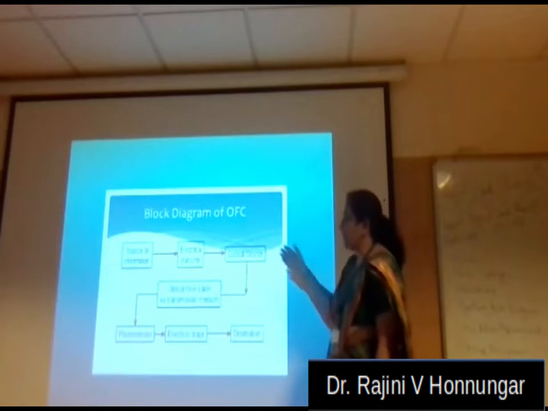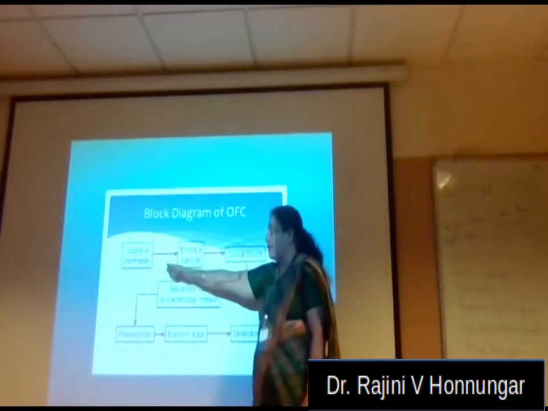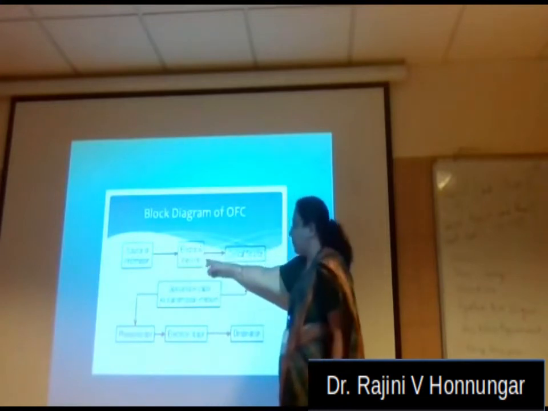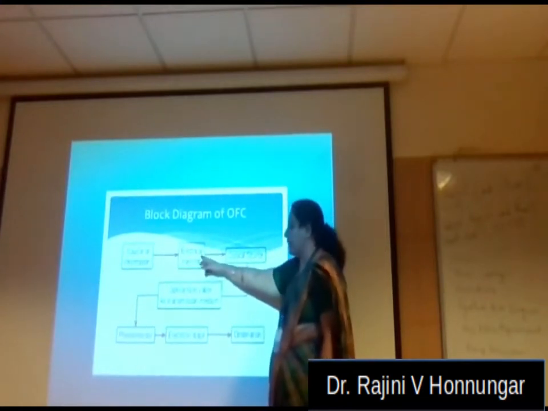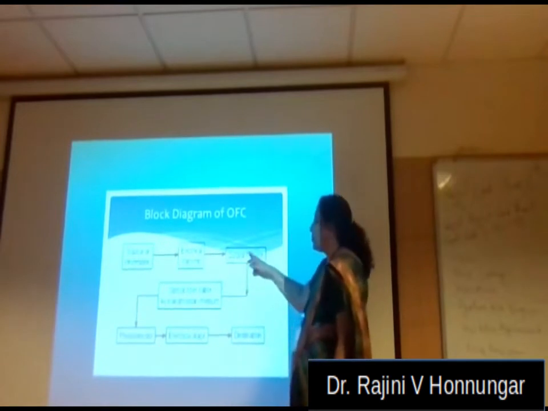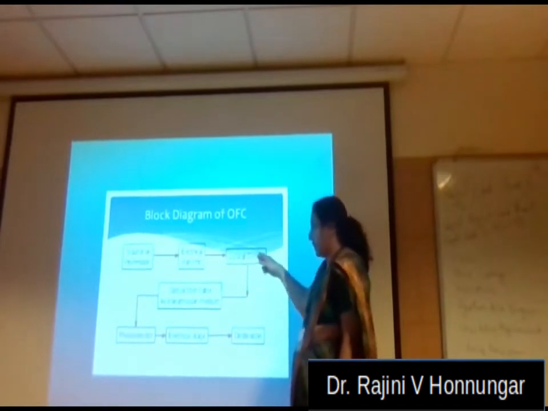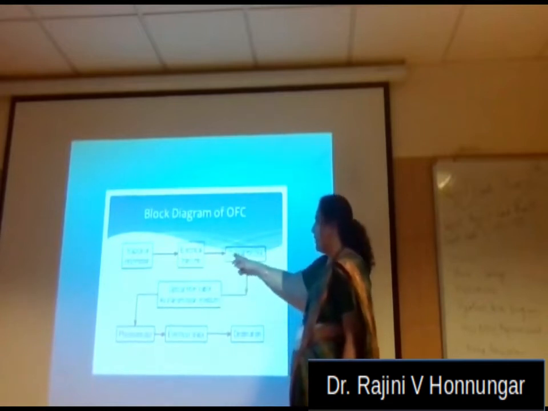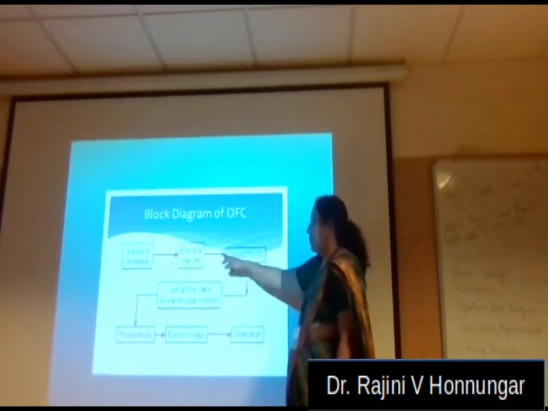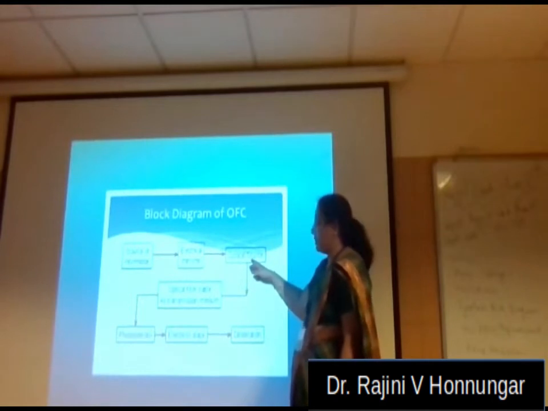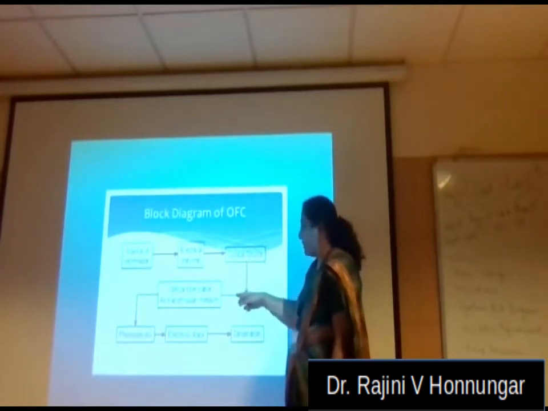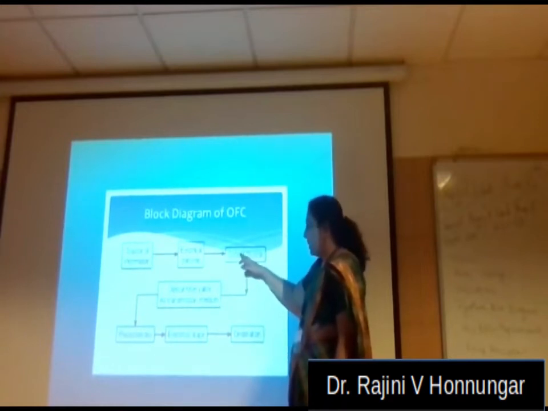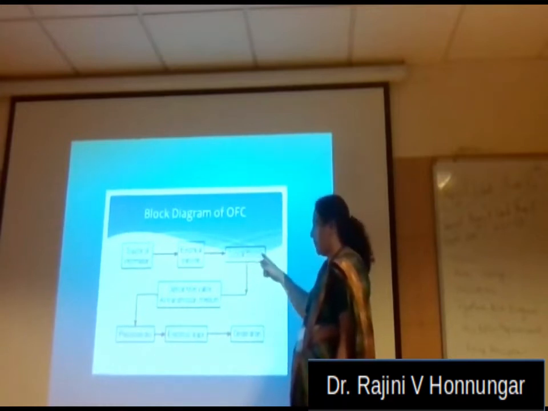In the block diagram of the OFC, we first have the source of information, which can be any kind of data, electrical in nature, and that has to be converted into the optical domain because it has to propagate through the optical fiber. So an electrical to optical conversion happens. An example is an LED, which converts the electrical signal to an optical signal.